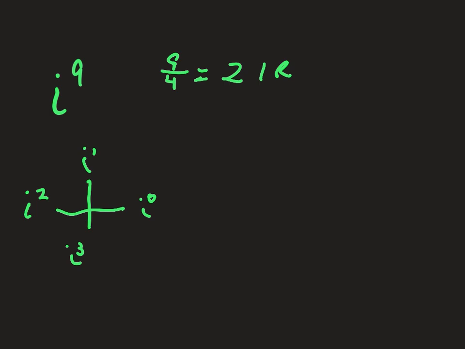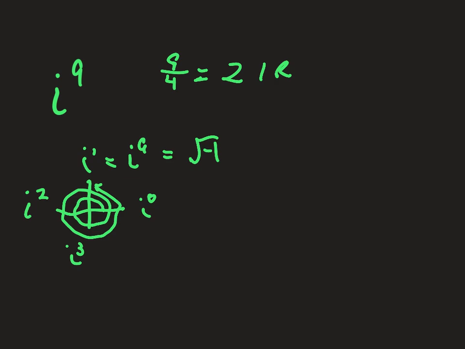So if we go around twice, so I make one circle completely around, I go around again, my one remainder lands me right there. So I to the 9th equals I to the 1, which is the square root of -1. I to the 9th equals I. And that's how you work the circle.